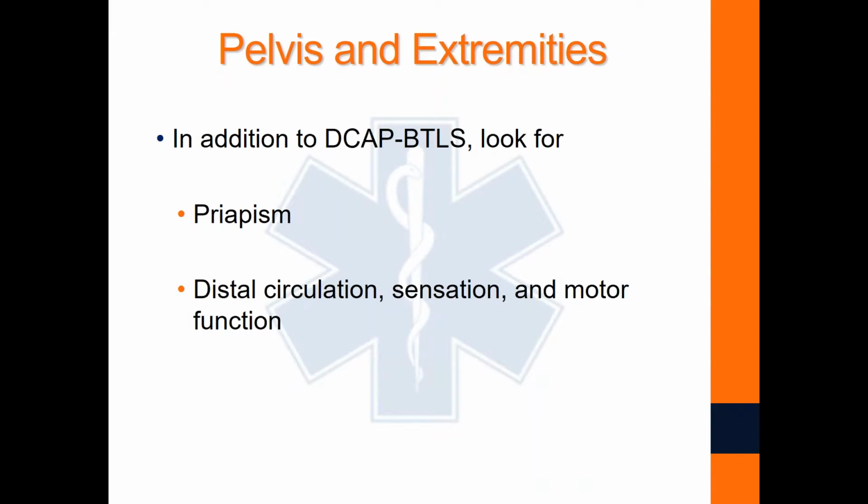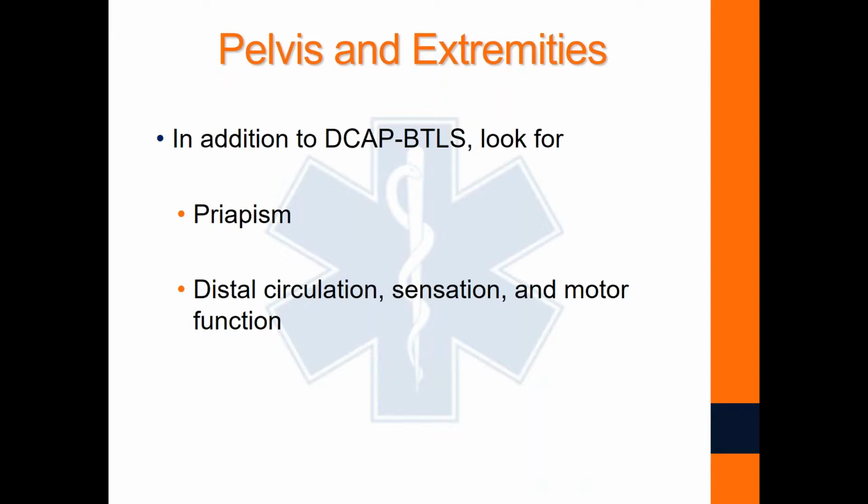When we examine the pelvis, we are going to look for a priapism in male patients or unexplained vaginal bleeding in a female patient. And when it's a trauma, any vaginal bleeding would be unexplained. Priapism is a painful erection that happens after a spinal cord injury or after a head injury.